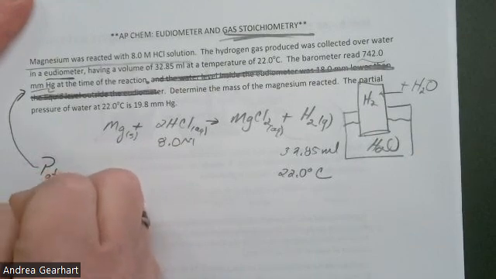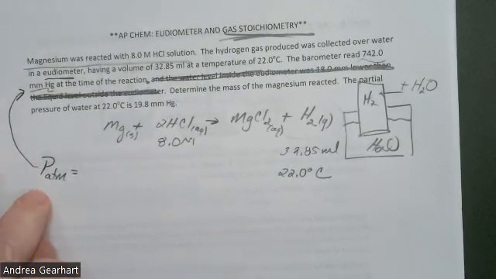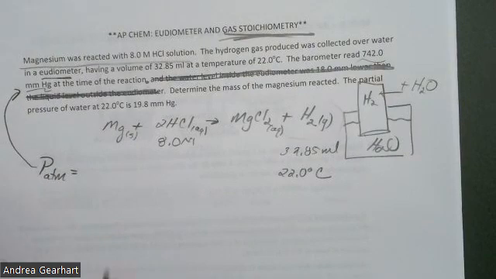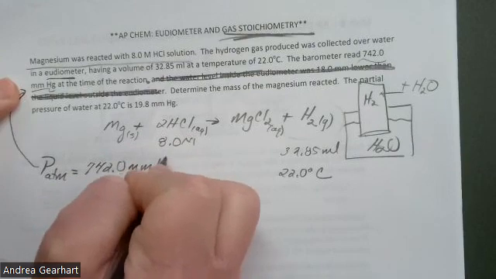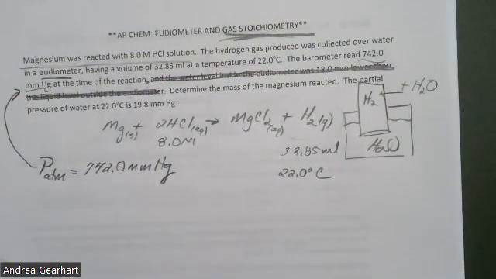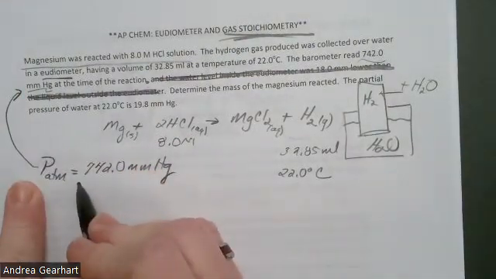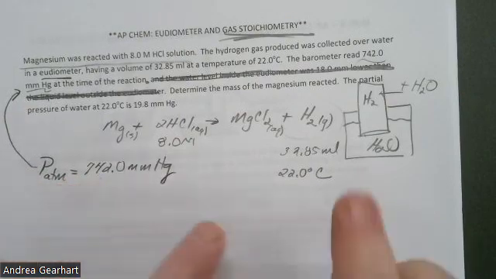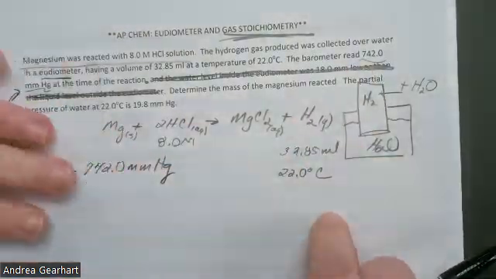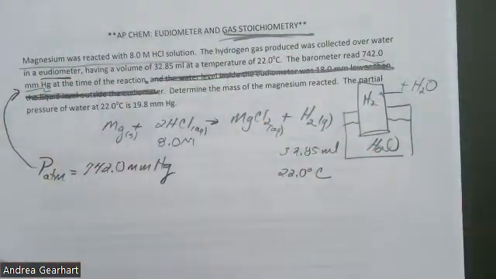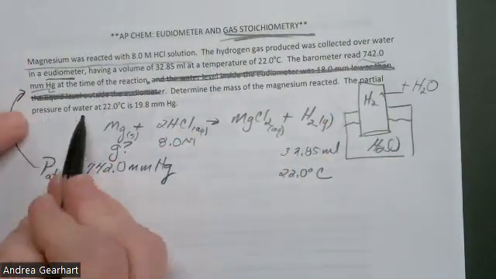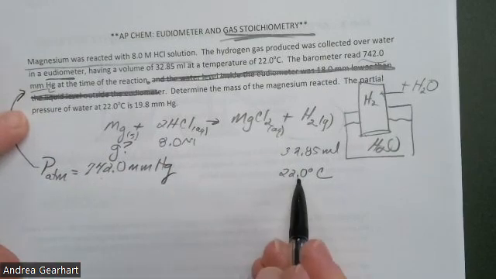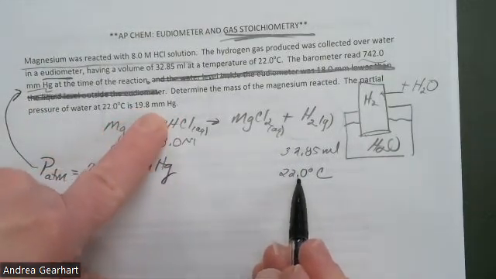So I'm just going to label that as P with a little ATM because it's the atmosphere, is 742 millimeters of mercury. The reason I'm putting it over here is I don't want to assume it's the pressure of the gas. So I'm going to put it over here so I don't just grab it when I'm problem solving. Determine the mass of the magnesium reacted. Oh, the partial pressure of water at 22 Celsius is 19.8 millimeters of mercury.